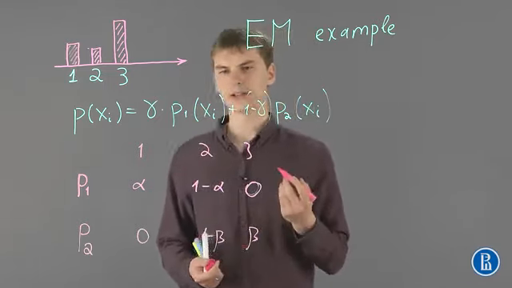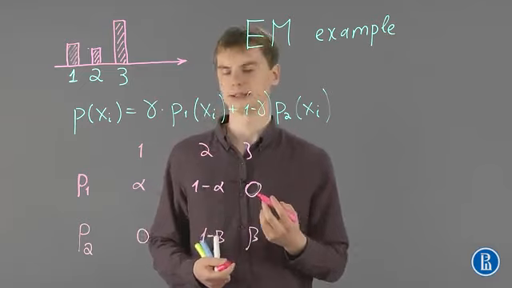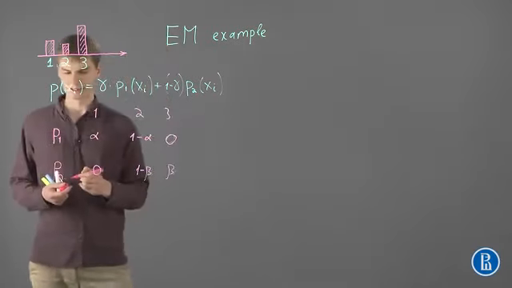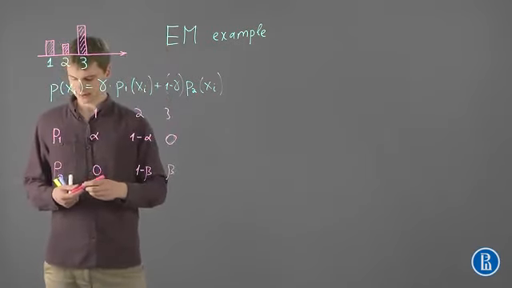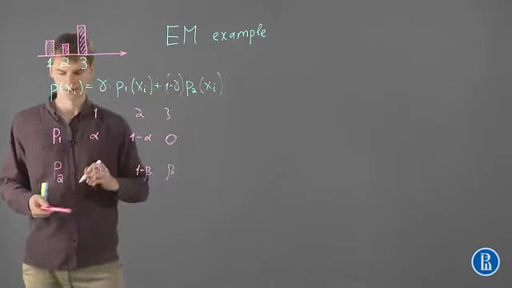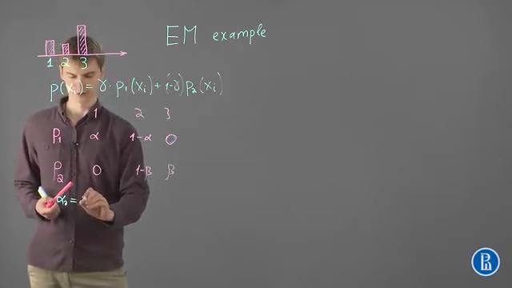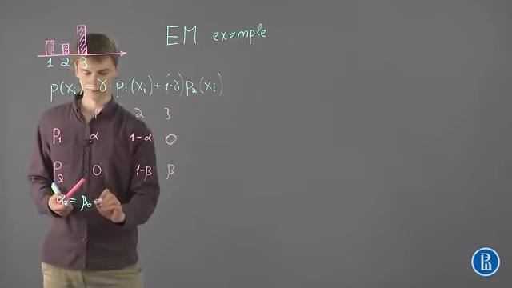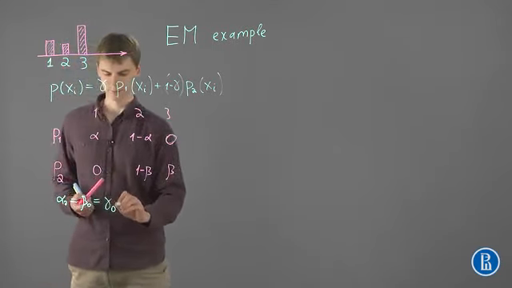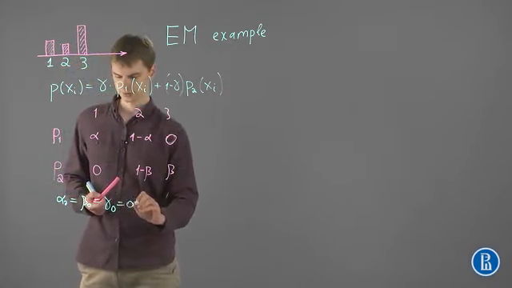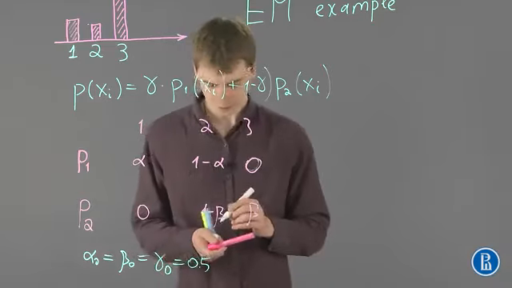So, for the expectation maximization algorithm, we need two things. First of all, we need initialization of our parameters. And let's say that we initialize them to be alpha 0 equals beta 0 equals gamma 0 equals 0.5, just for concreteness.